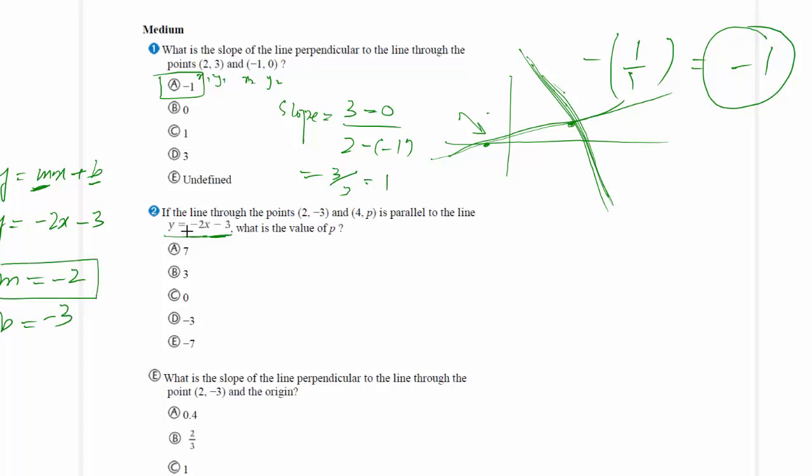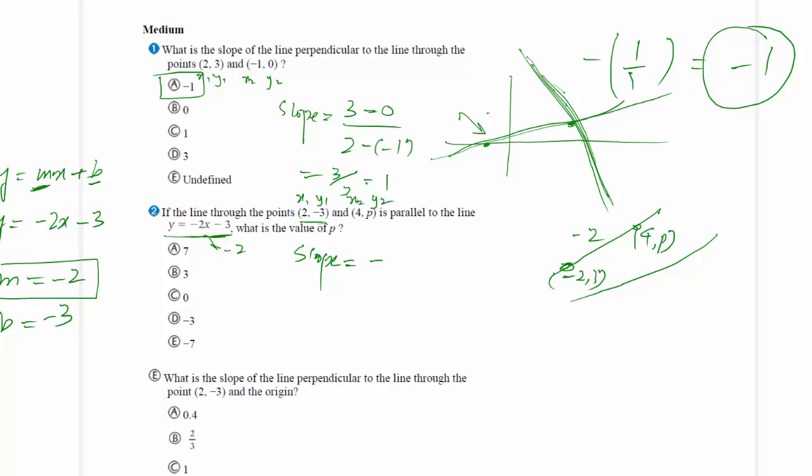So we got the slope m as negative 2, and we know that two lines which are parallel have the same slope. So if this line has the slope of negative 2, then the line which passes through the points (2, -3) and (4, b) will also have the same slope, negative 2. So we can use the slope formula. Slope is y1 minus y2 divided by x1 minus x2.